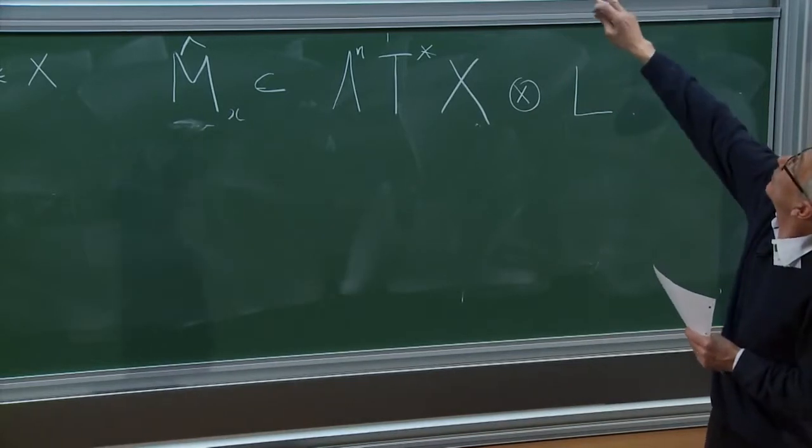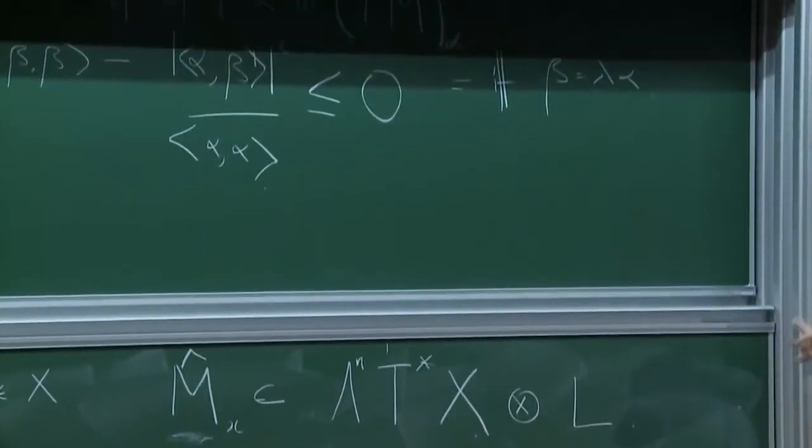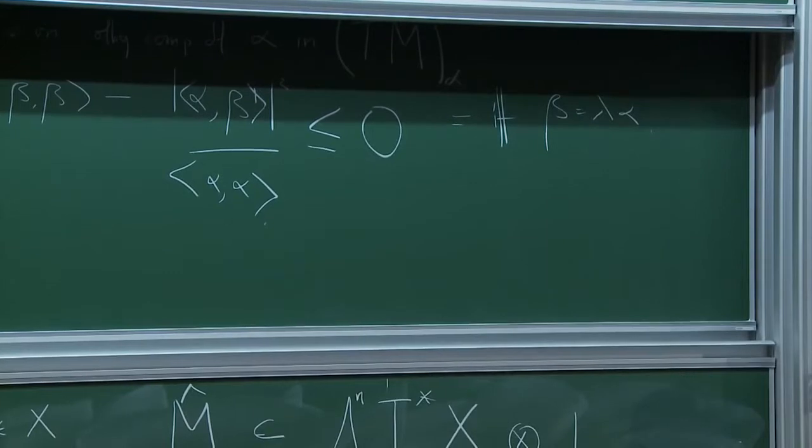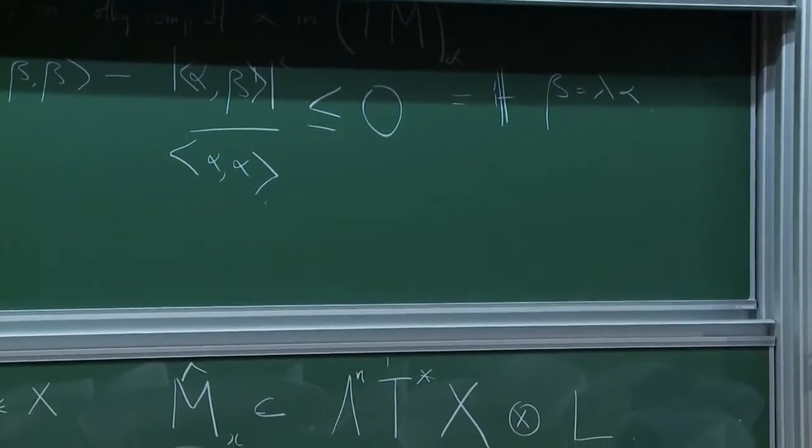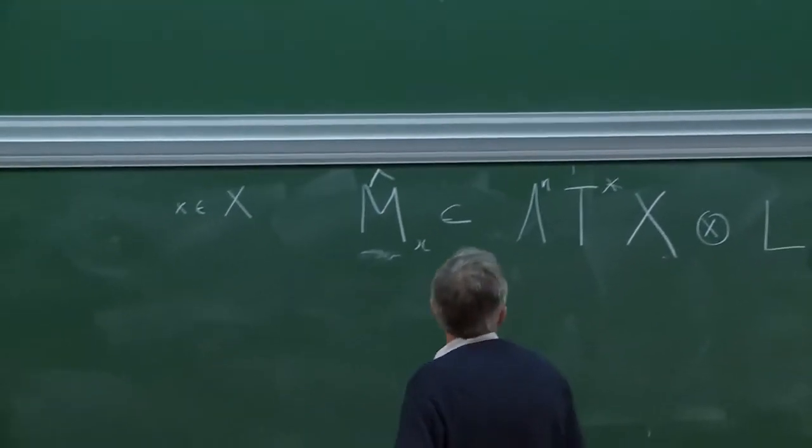Because if this is projective, we don't care if we tensor our vector space with a one-dimensional space, our space of forms, defined as above.